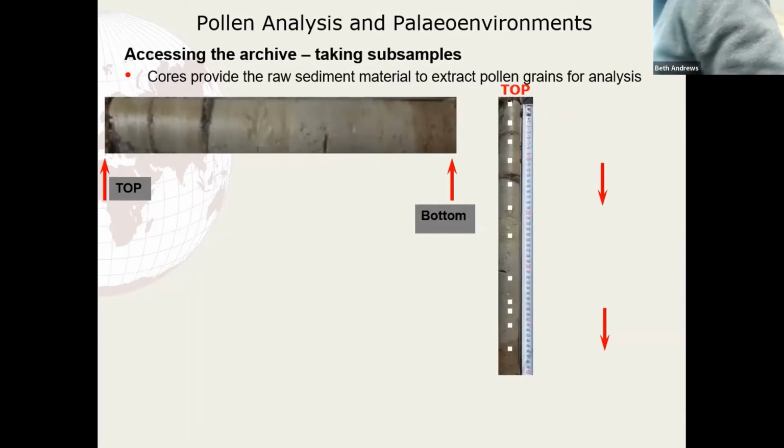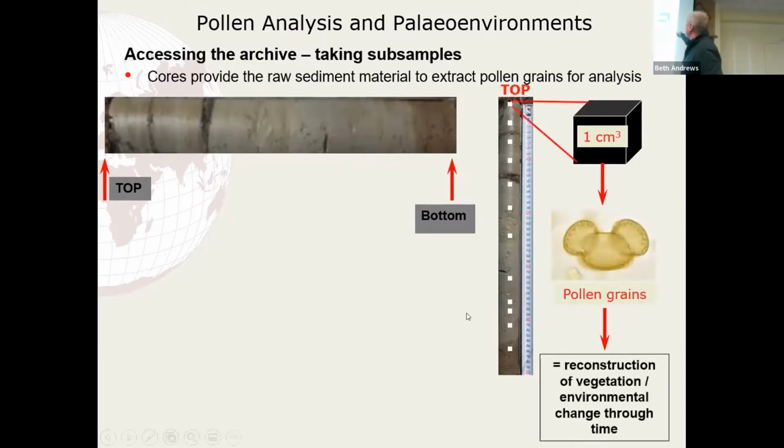And we take subsamples. You can't sample and study the core in its entirety. You'd be here until eternity, sampling every centimetre of sediment. So you have to adopt a sampling strategy. And every so often you take pollen samples.